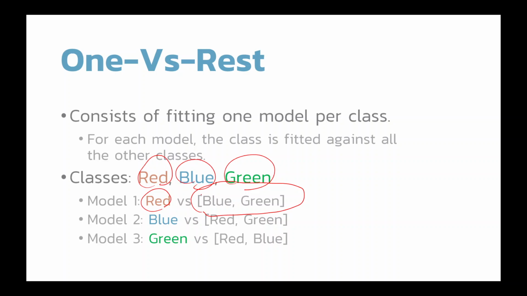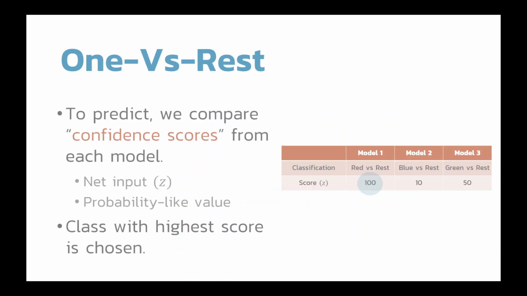The second model, you want another Perceptron model that can separate between blue and whatever is not blue, okay? And the third model is the model that can predict green or whatever that's not green. Okay, so 3 models, okay? And you are going to train 3 models at the same time, okay?